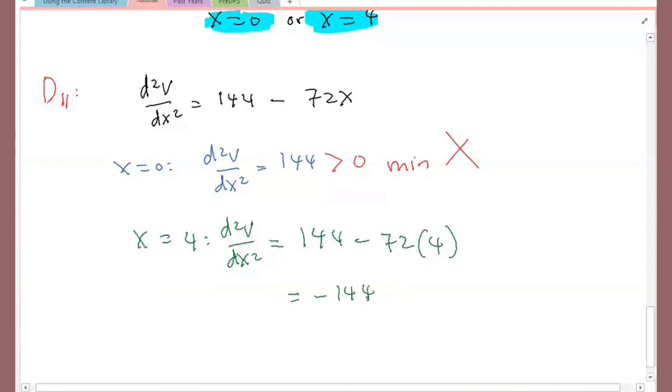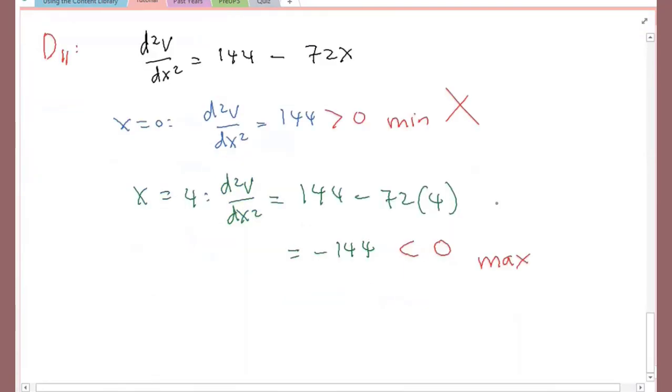Check. Is it 144 negative? Yes. So this one is less than 0. Maximum. And then confirm: V is maximum when x is equal to 4.